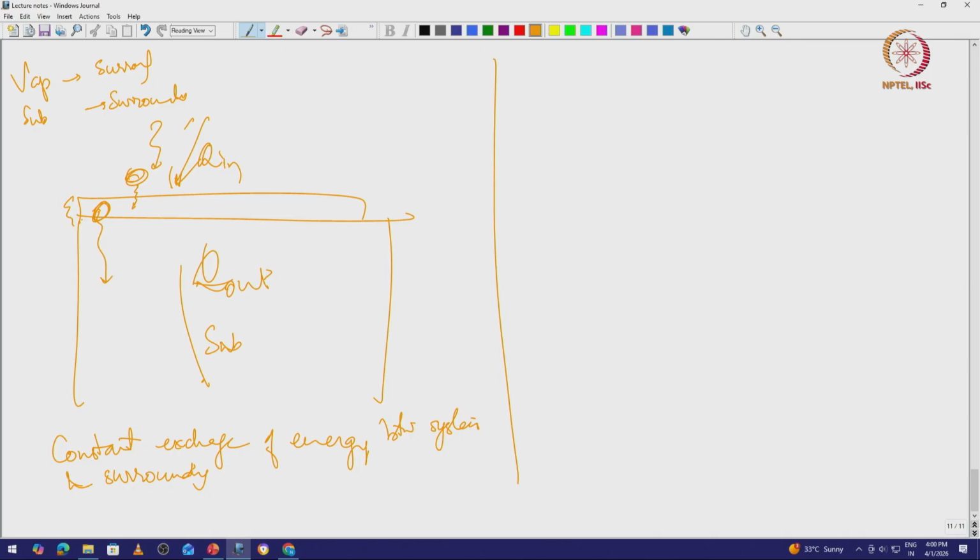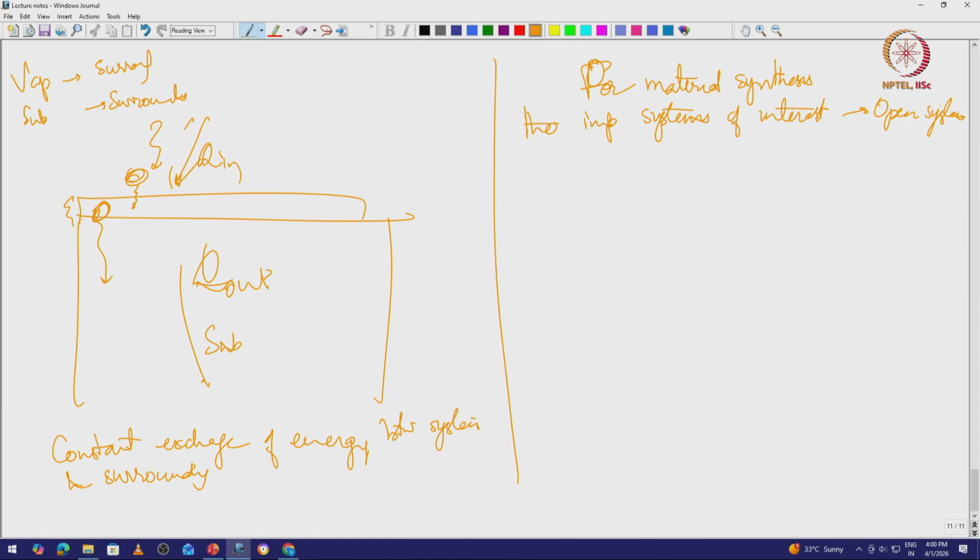Through this example you may have already realized that all the more important systems that we will be looking at for growth, for material synthesis, the important systems of interest for us are the open systems.